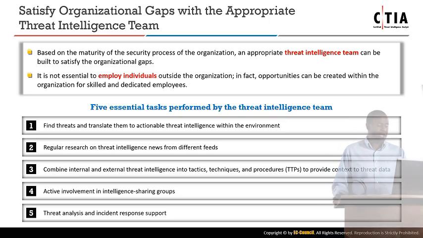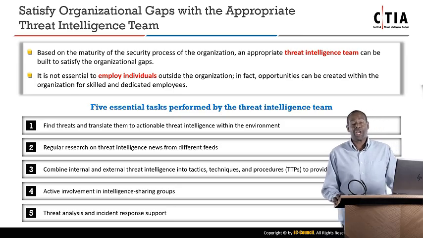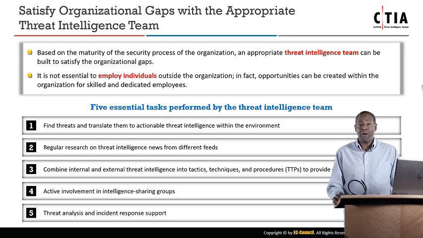Number 3, they're going to combine internal and external threat intelligence into tactics, techniques, and procedures, TTPs, to provide context to the threat data. So after gathering that threat data, that threat intelligence, not only is it going to be actionable, but we'll also find a context for it. What part of the network, which devices, which hosts, which protocols, which part of the organization, which business unit might this apply to?